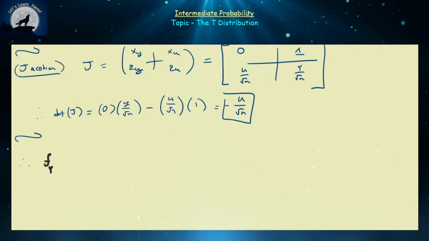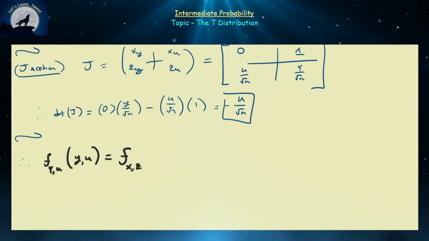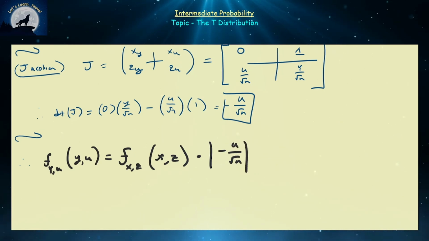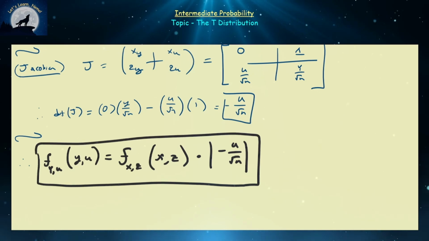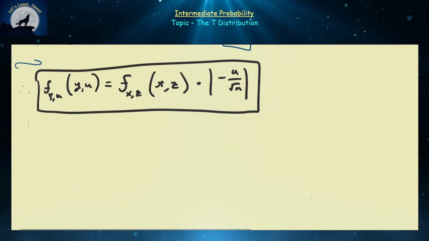The joint probability density function between y and u, with respect to little y and little u, will be equal to the joint density function between x and z of little x, little z, times the absolute value of the Jacobian, minus little u all over the square root of n. All right? So we have this as our change of variables relation.